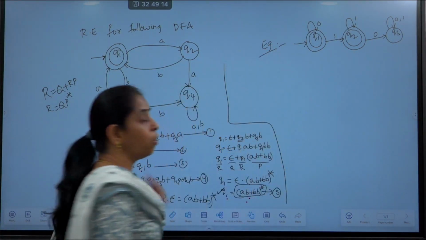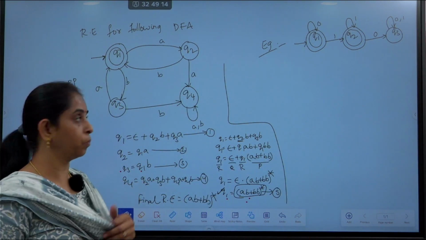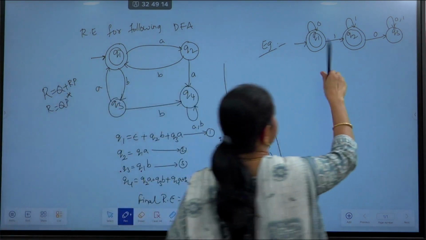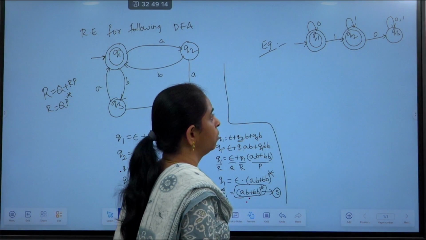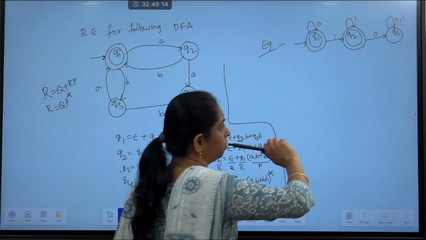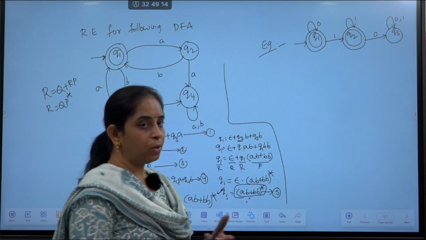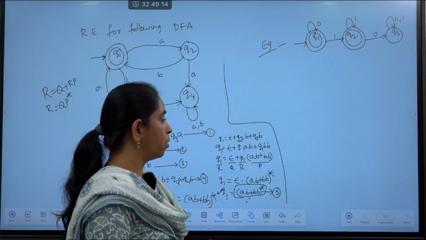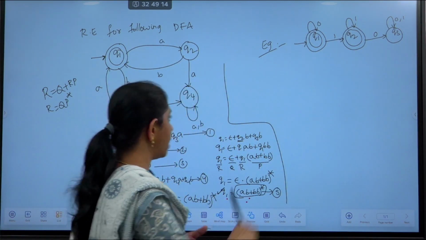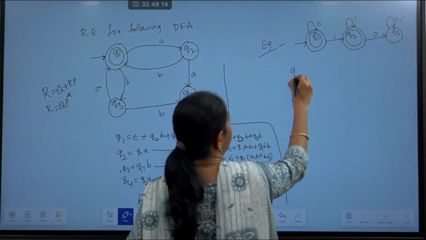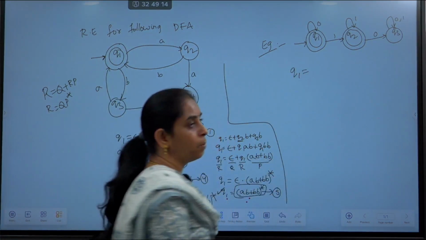Whenever we have multiple final states, what do we have to do? When you see this finite automata, Q1 is the initial state and both Q1 and Q2 are final states. The first step is as before: we write the incoming edges.